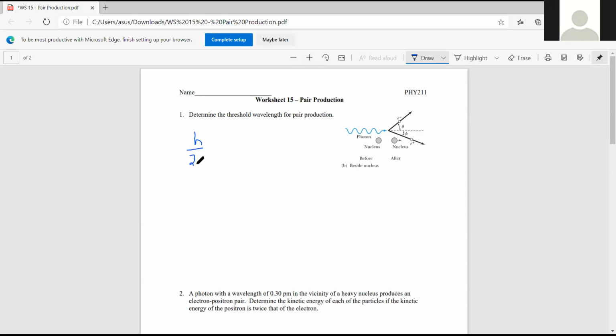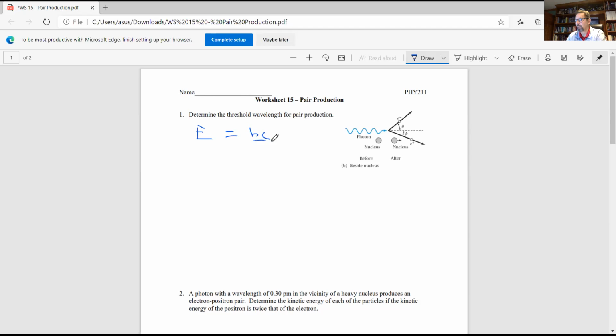For the pair production threshold relation, I started with E equals hc over wavelength. Okay, yeah, that's where I would start. I just manipulated it. And it should be the equal sign, yeah. The reason it's a threshold is because you're not having any kinetic energy at the end, right?